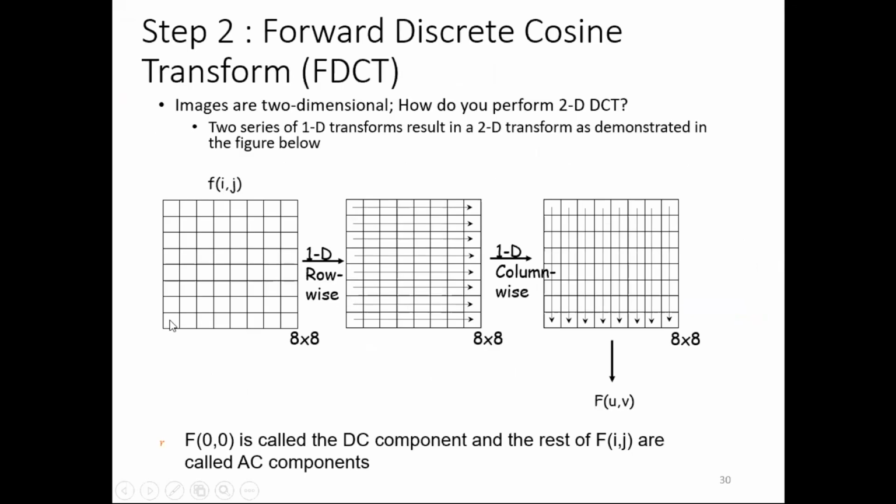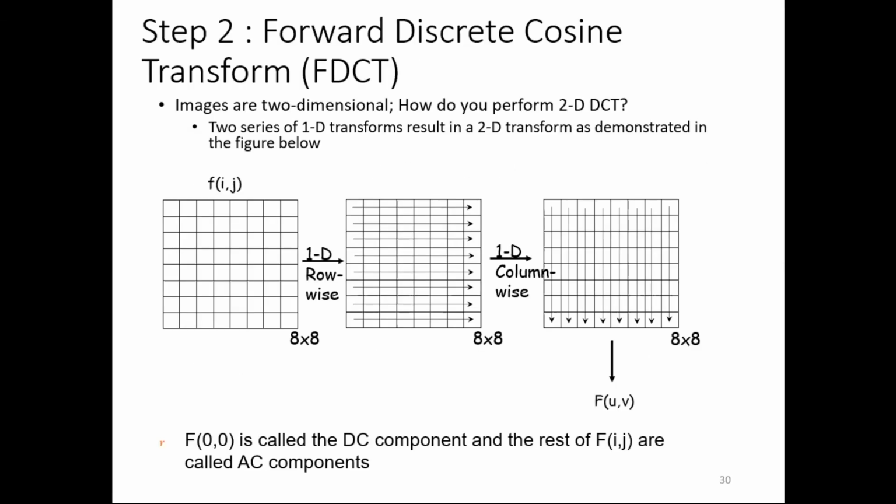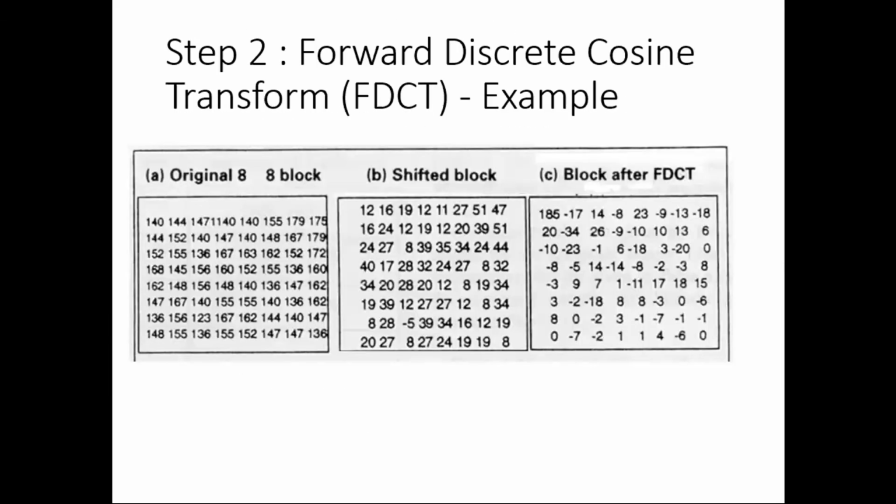We take the DCT image and apply the previous equation row wise and column wise, and finally we come up with this result, right? We are not mainly talking about this equation. This is a bit complicated. After these two steps, we come up with these types of results.